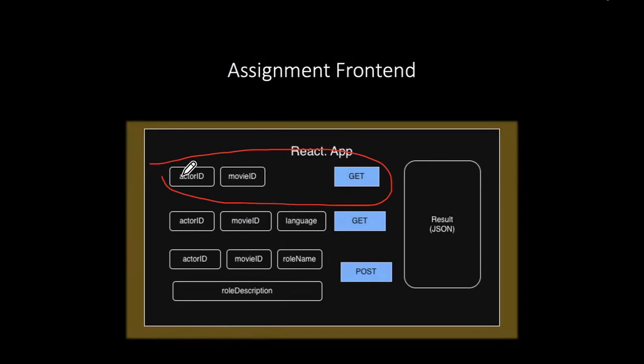And so you'd be entering an actor ID here, a movie ID here, and clicking this get button that would cause your React app behind the scenes to essentially construct the URL.